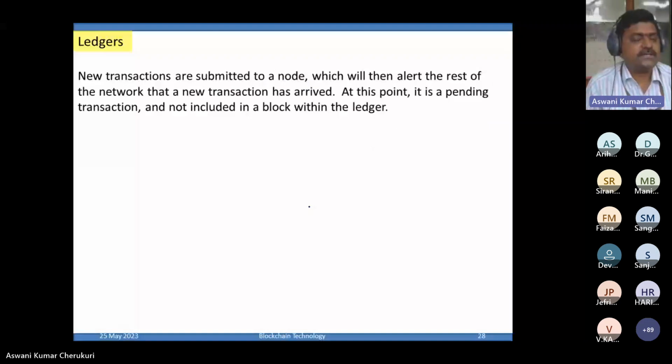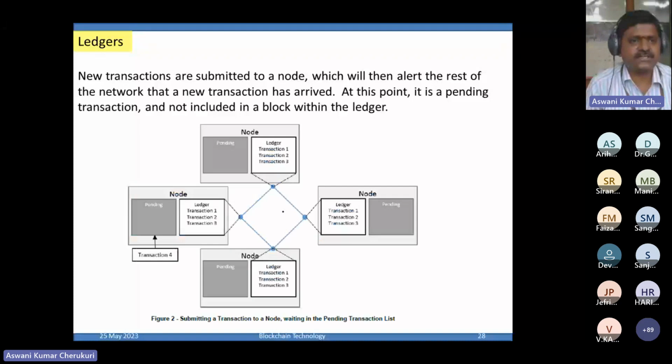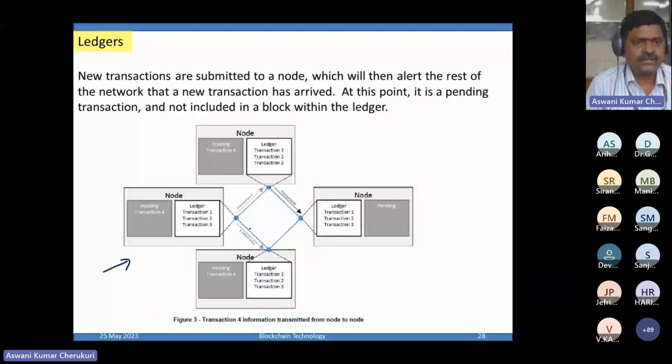Now imagine the ledger can have new transactions. Whenever there is a new transaction, the transaction gets in. Take an example here: this particular node has a new transaction, transaction 4. This transaction comes in, and the details of transaction 4 are distributed and informed to all other nodes.